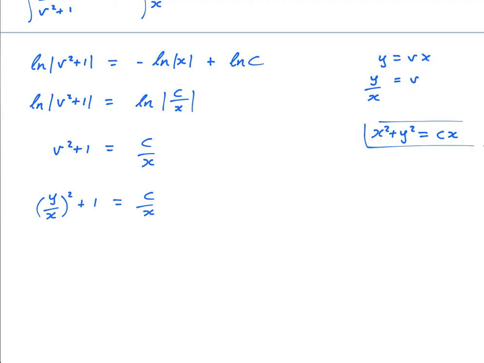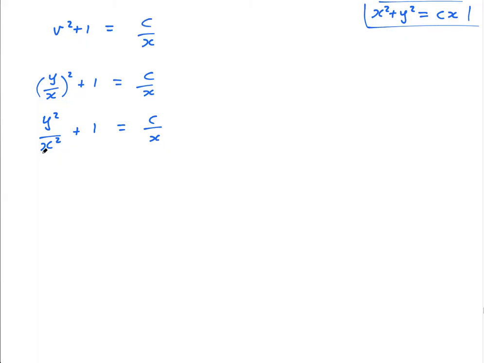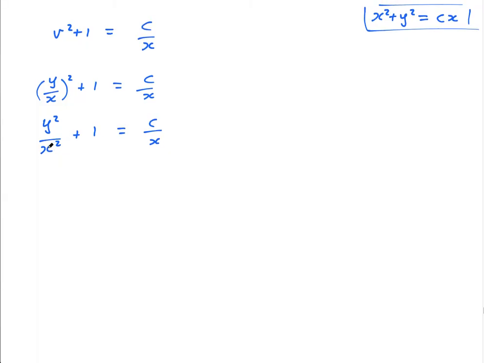That's the solution I'm trying to find, so this should be straightforward. It's going to be y squared over x squared plus 1 equals c over x. Multiply across by x squared, and I get y squared plus x squared equals cx. So I've shown it. I'm going to write QED.